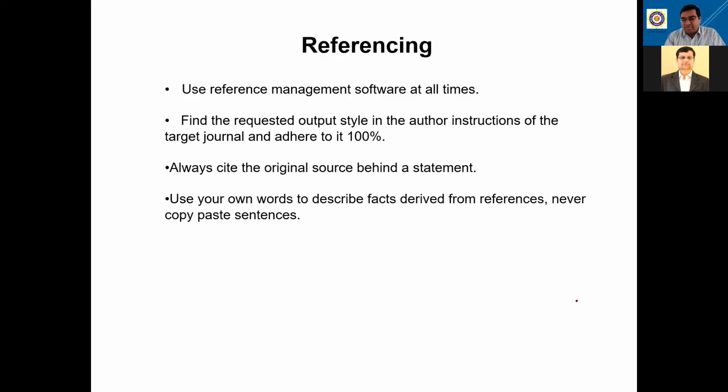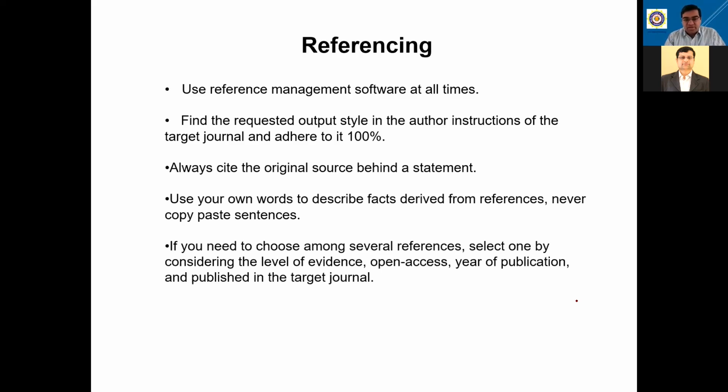Never copy paste sentences. If you need to choose among several references, select one by considering the level of evidence, open access, year of publication, and whether it is published in the targeted journal. Keep all these points in your mind, right? Each and every point is important while deciding the references.